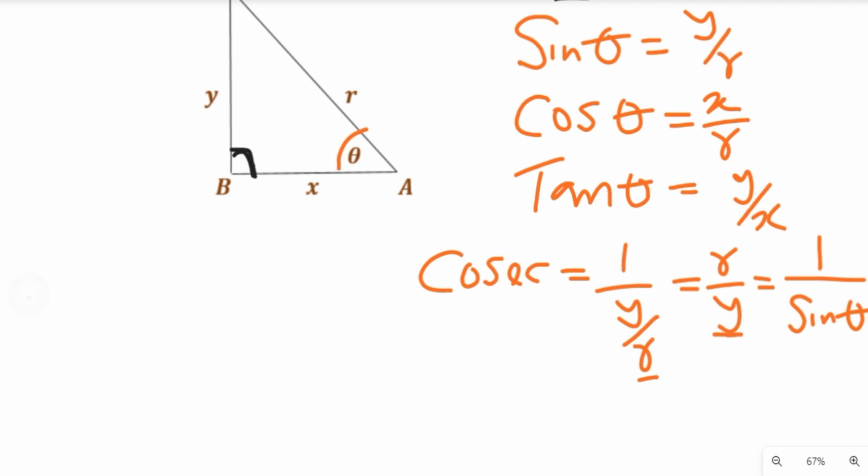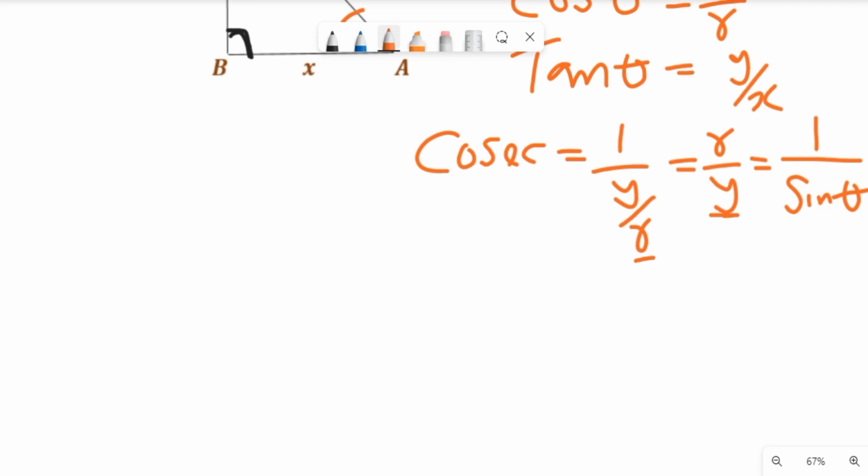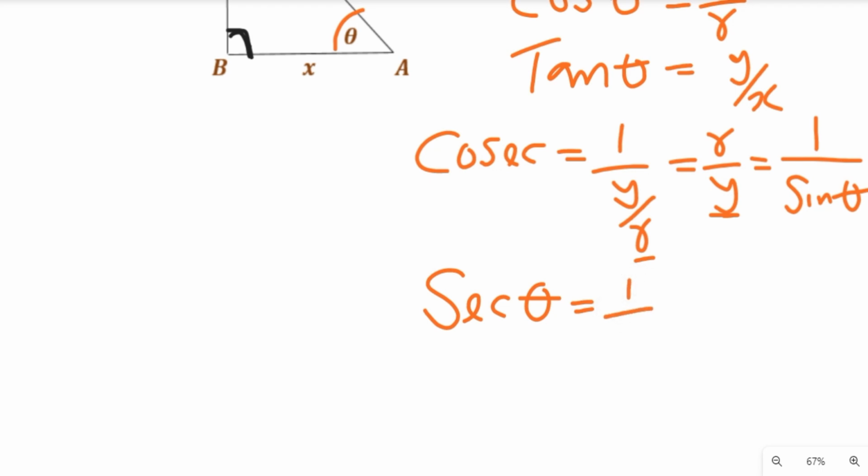We're now going to look at sec theta. Now, what is sec theta? Sec theta is just the inverse of cos, and that will give us 1 divided by our cos, which is x divided by r.